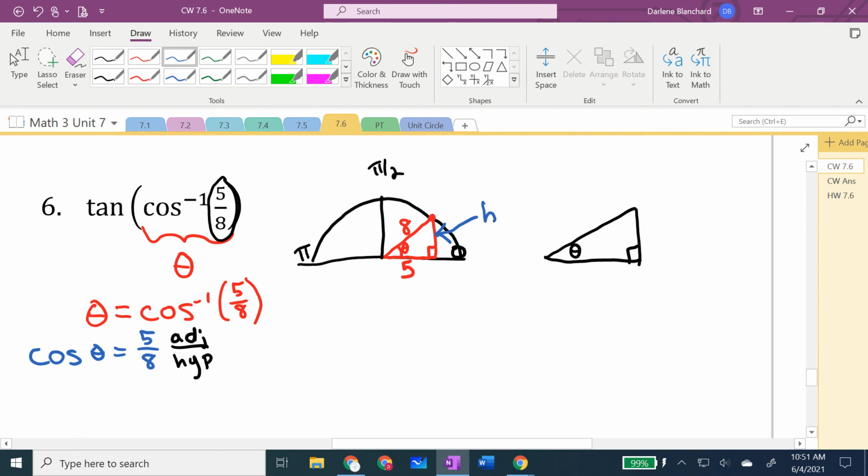So let's just call that length B. And I'm going to put over here, same thing. So what I have is 5 squared plus b squared is equal to the radius squared. Understand you don't have to draw both of these triangles, you just need one of them. You don't have to do a reference triangle.